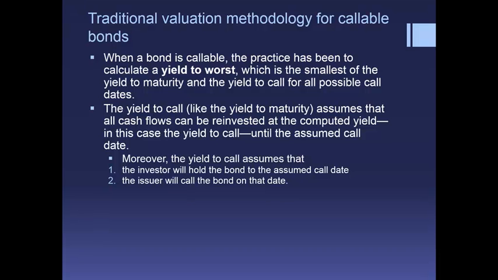Again, we're assuming a flat yield curve, and we're making a fairly bold assumption that the yield curve is flat. It rarely is flat. We're also making an assumption with the yield to call that the investor will hold it until the call date that we are assuming. And we're also making the assumption that the issuer will call the bond.